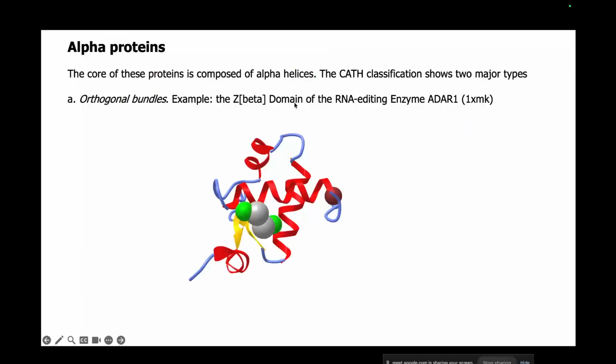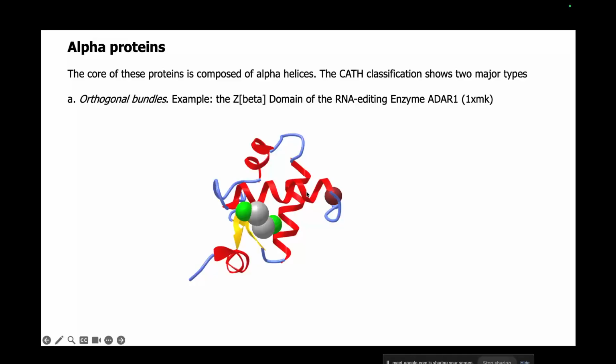So one such example is all alpha proteins, right? So the core of the protein is composed of all alpha helices, and it has two major subtypes in CATH classification: the orthogonal bundles, and there's another one I have not put a classification here.